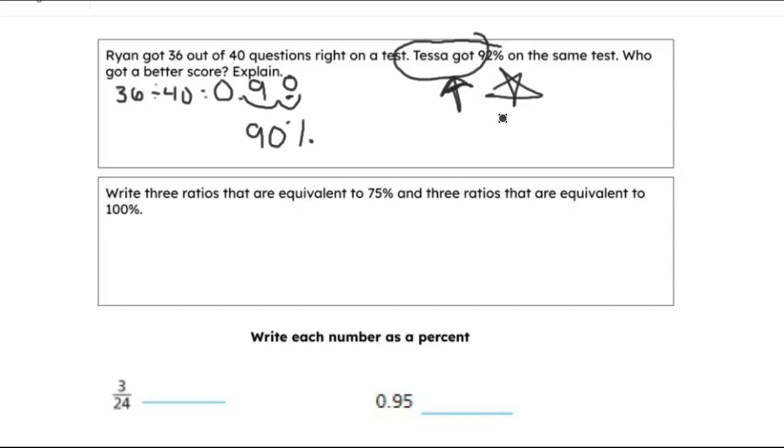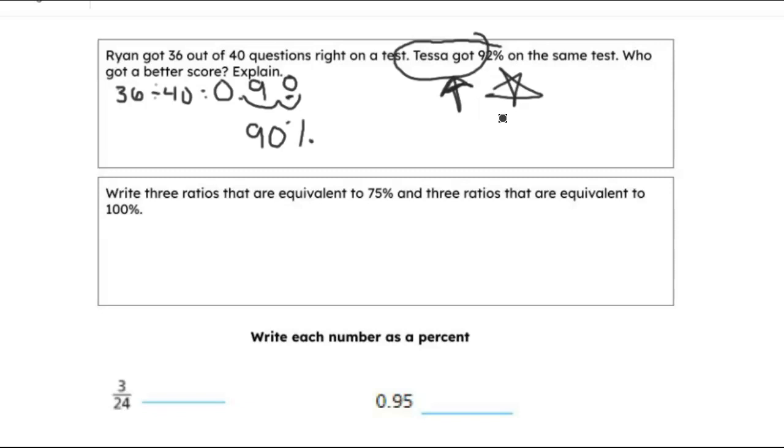Next one, write 3 ratios that are equivalent to 75% and 3 ratios that are equivalent to 100%. So let's take a look at these ratios. There's 3 ways to write ratios: as a fraction, with a colon, or with the word "to" between them.